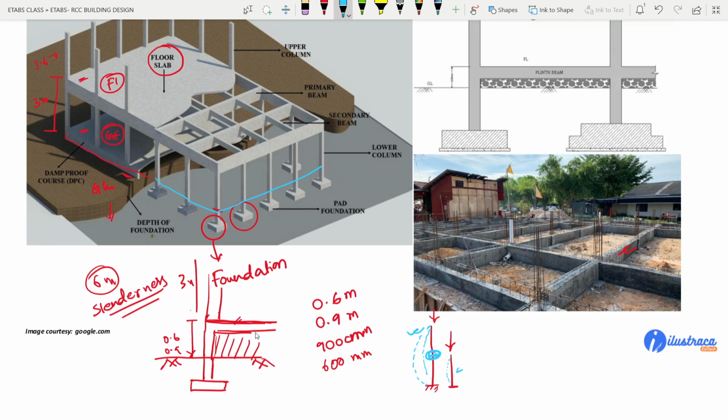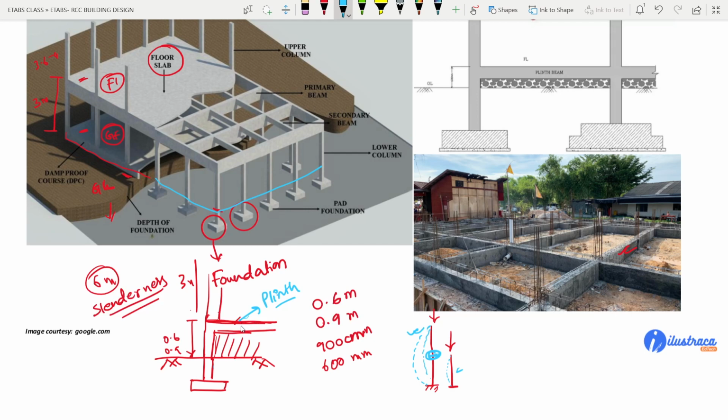Now, remember, this beam is called plinth beam. This is the first beam that we create after the foundation. Okay, after the foundation, the first beam we create in a structure is the plinth beam. Many structures may not have a plinth beam, that is different.